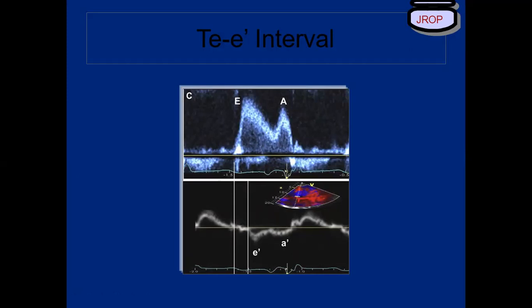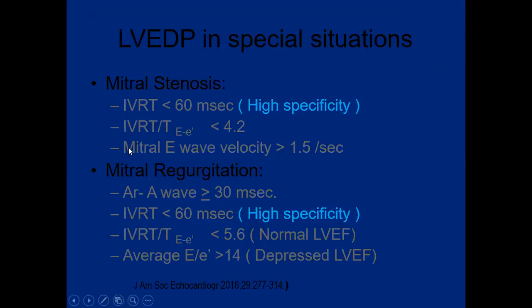When we take IVRT from here, then IVRT divided by this time, if it's less than 4.2, we consider this as elevated LVDP in mitral stenosis. Or we take IVRT itself to talk about raised LVDP or not. So I could come across that slide, that's why I held it for the time.